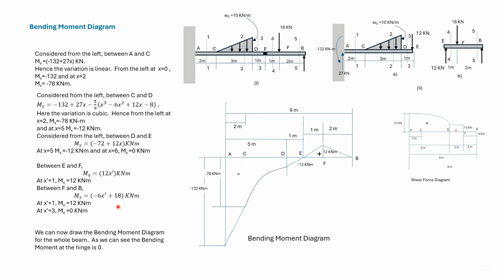The variation is linear, so we have joined the moment at F with the moment at B using a straight line. So now using the expressions of all the 5 sections, we have given the entire bending moment diagram.